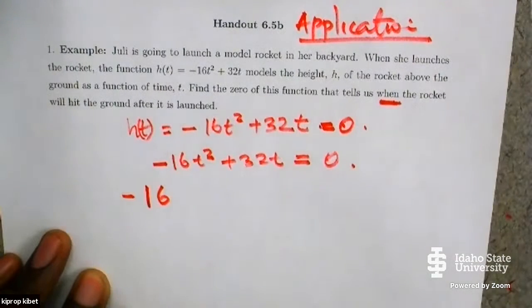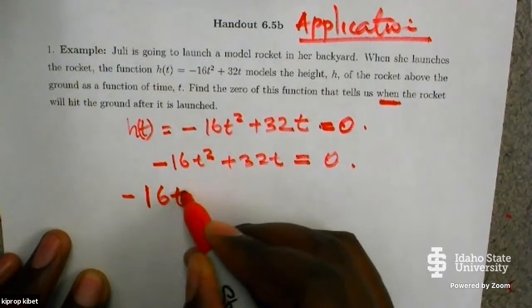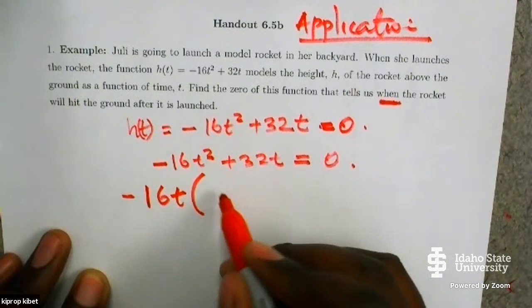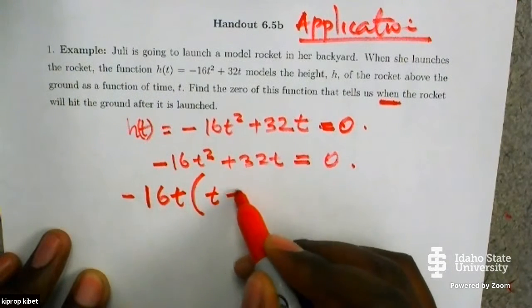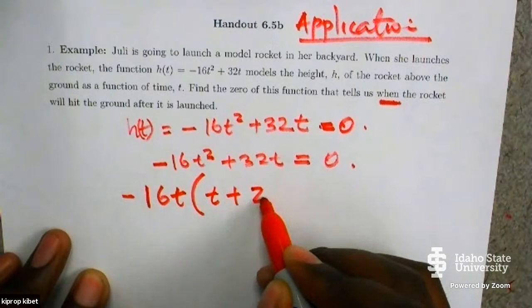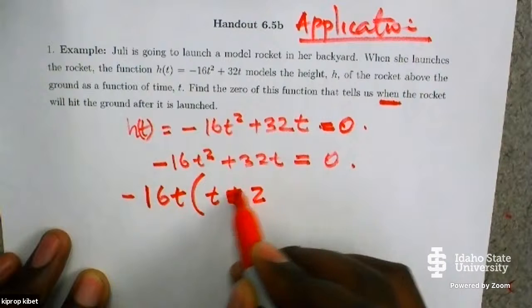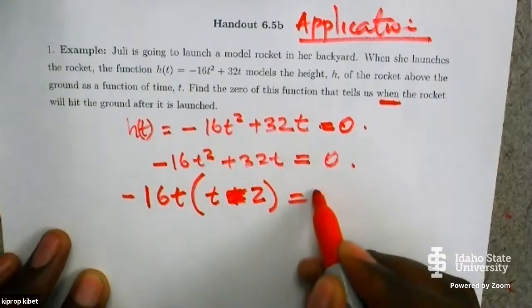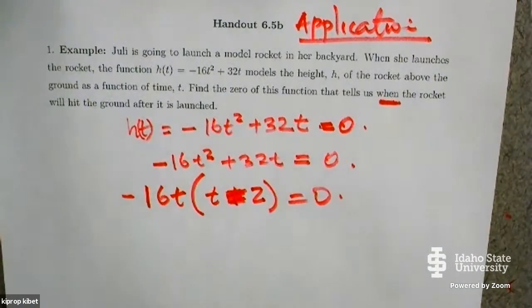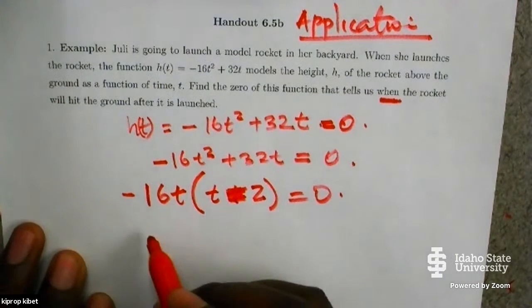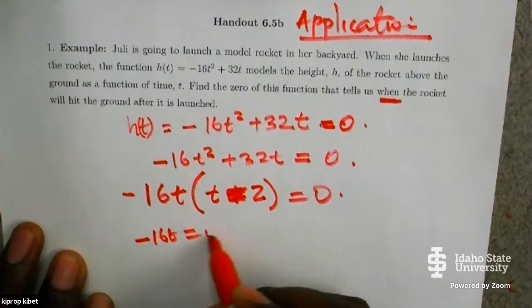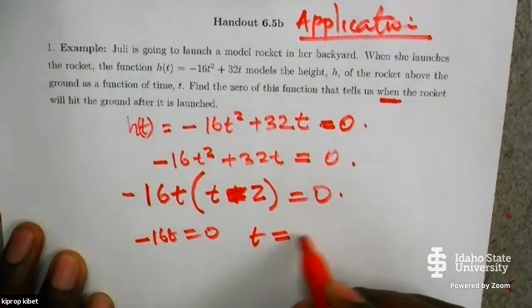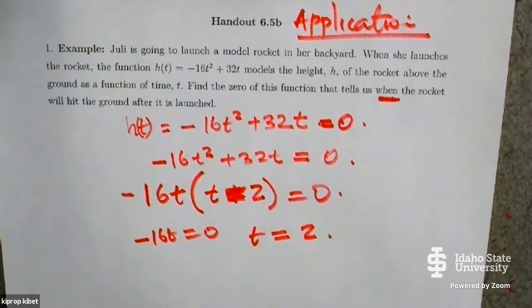We can factor out minus 16t, and then what remains is t minus 2, right? Equals 0. So therefore, using the zero product property, minus 16t equals 0, or t minus 2 equals 0, so t equals 2.